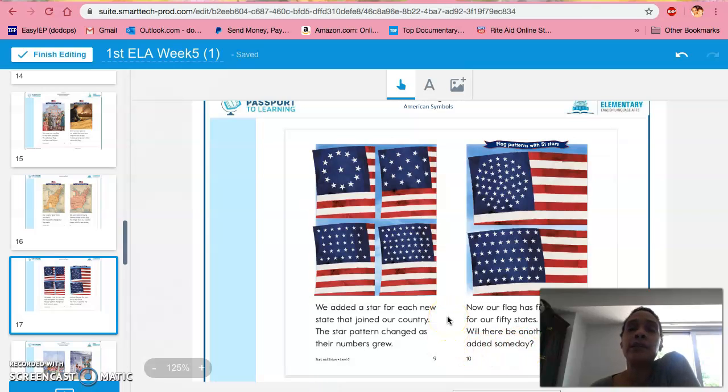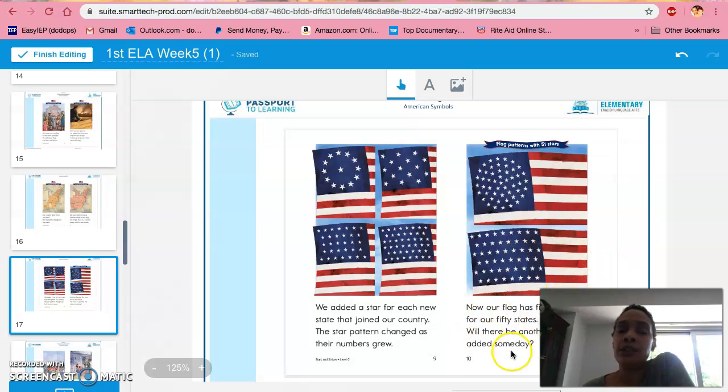So they decided finally, the first idea we had was the right idea. Each time that there's a new state, we're going to represent it on our flag, and that's going to be the number of states. So if we have 50 stars, that means we have how many states? If you said 50 states, you are right.